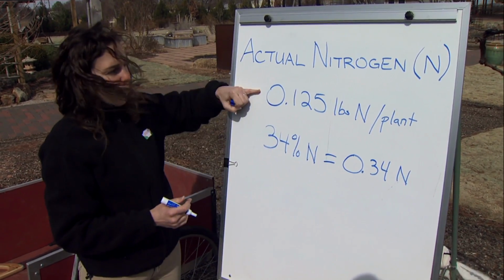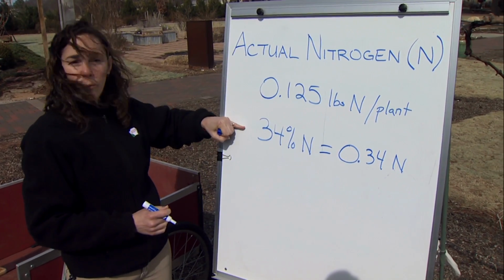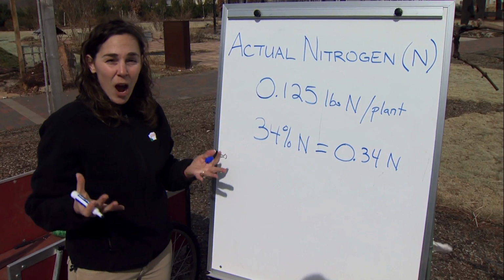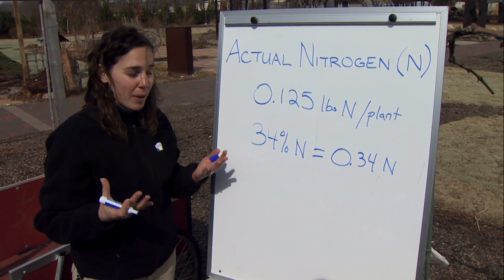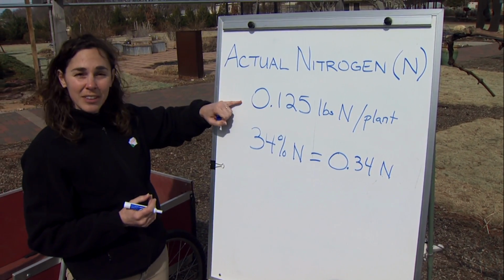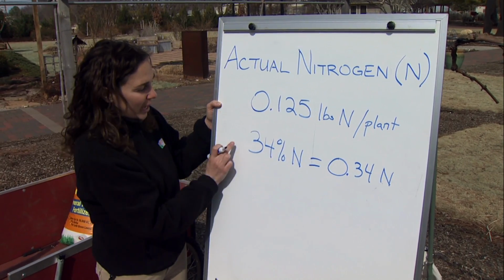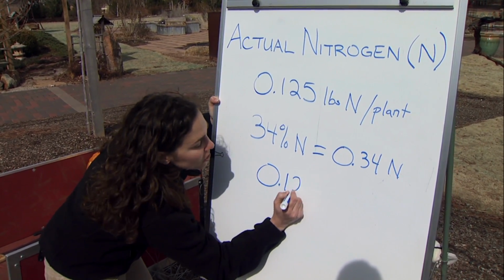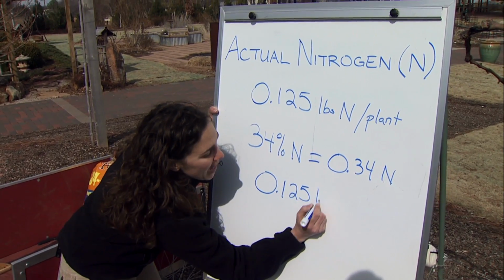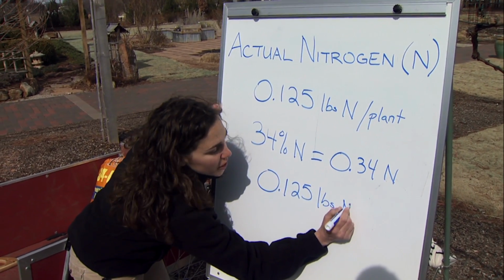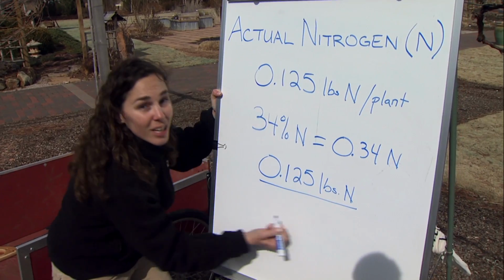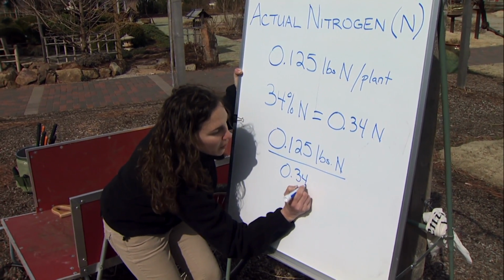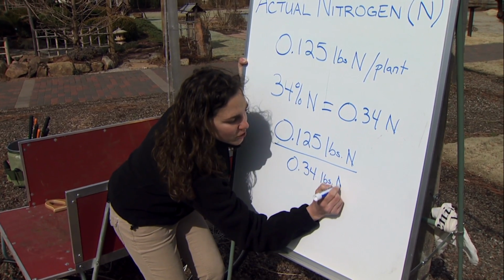So now we know what we need for our plant and what amount of that nutrient we have in our fertilizer. So to determine how much fertilizer we need by weight to achieve this amount of nitrogen, we simply divide what we need, 0.125 pounds of nitrogen, by what we have in our fertilizer, 0.34 pounds of nitrogen.